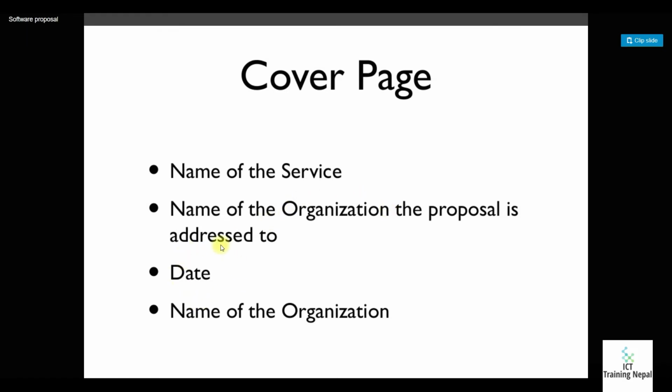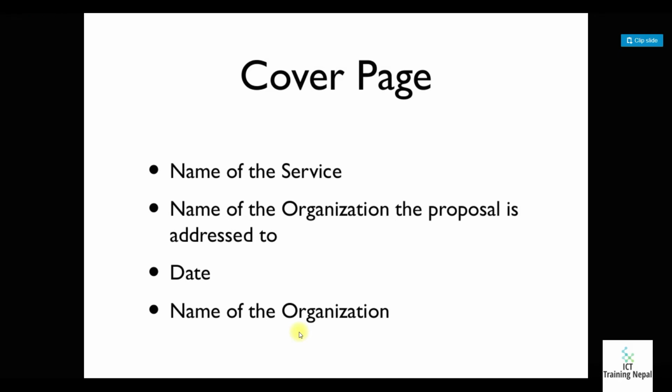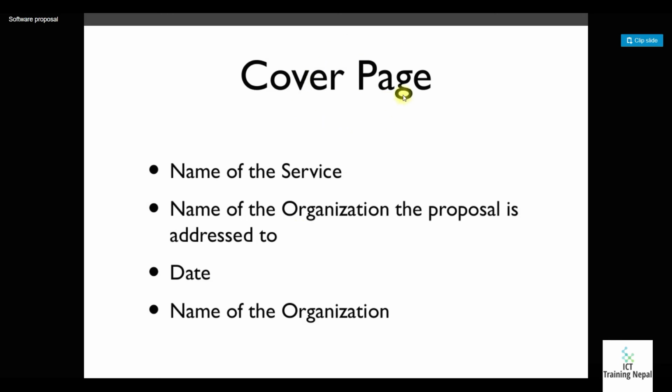After that comes the simplest thing, the date, and then the name of your own organization, the one from which you are giving the software service or the software proposal for that service.